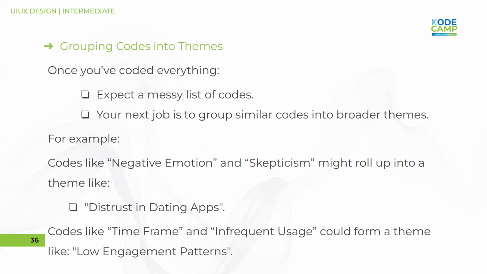For example, codes like negative emotion and skepticism might roll up into a theme like distrust in dating apps. And codes like time frames and infrequent usage might form a theme like low engagement.